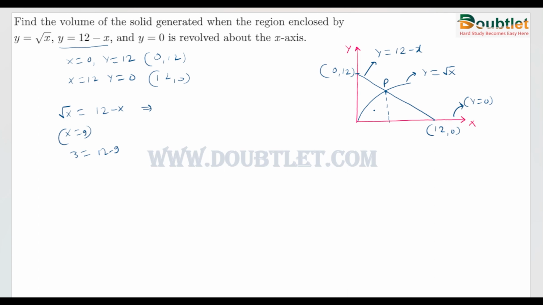So x = 9 is the intersection point. If we put x = 9, then y = 3. So the coordinates of P will be (9, 3), and we can write this point as (9, 0).